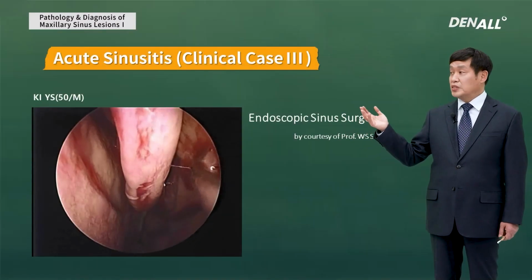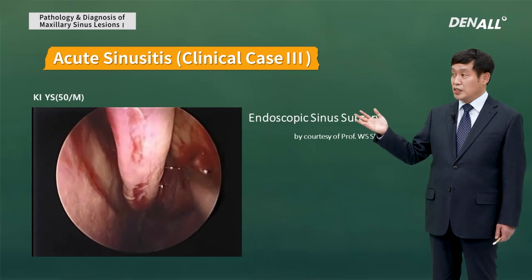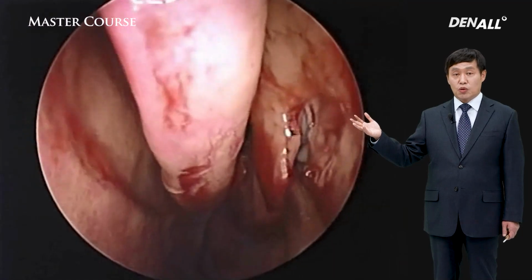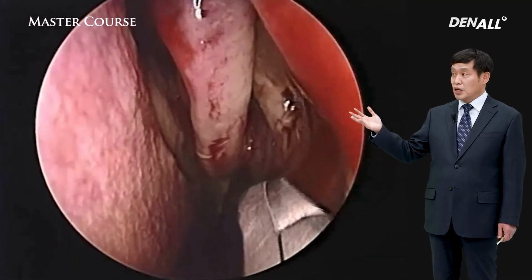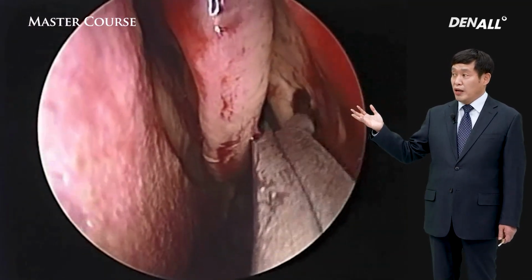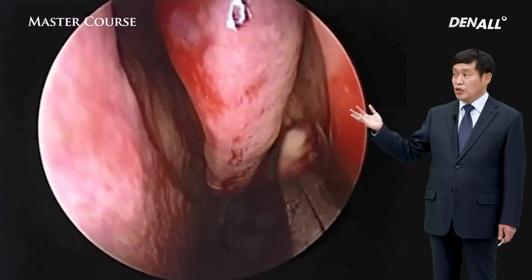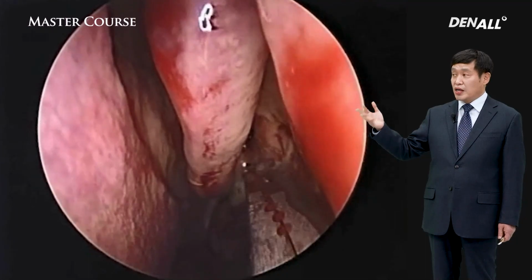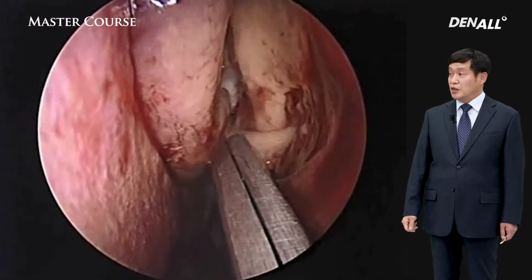I talked with the ENT and planned for endoscopic sinus surgery. This is the filmed footage of endoscopic surgery at ENT. You can see pus coming out. The maxillary ostium is widened. Along with pus, bone graft material is coming out.